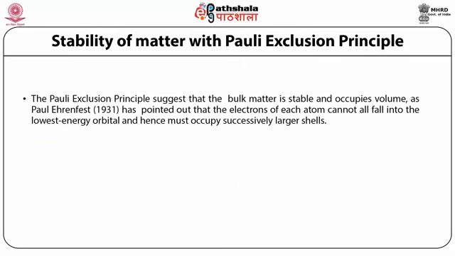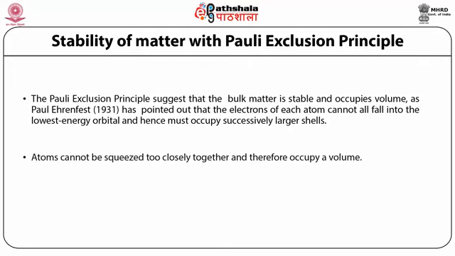The Pauli exclusion principle suggests that bulk matter is stable and occupies volume, as Paul Ehrenfest pointed out in 1931: the electrons of each atom cannot all fall into the lowest energy orbital and hence must occupy successively larger shells. Atoms cannot be squeezed too closely together and therefore occupy a volume.